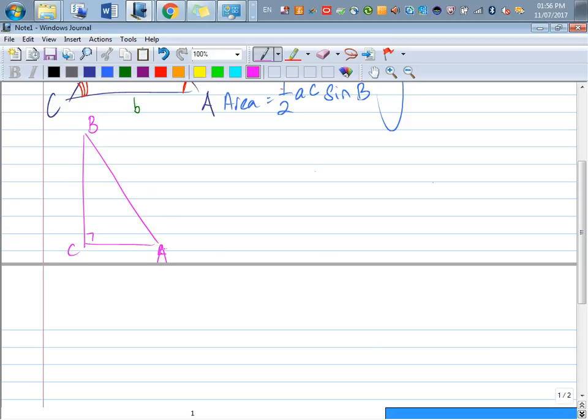Okay, now what should I call this side over here? Instead of calling it BA or AB, I can also call it small c. What about this side? What should I call it? Small b. And over here? Small a. Okay, what is the area of this triangle?